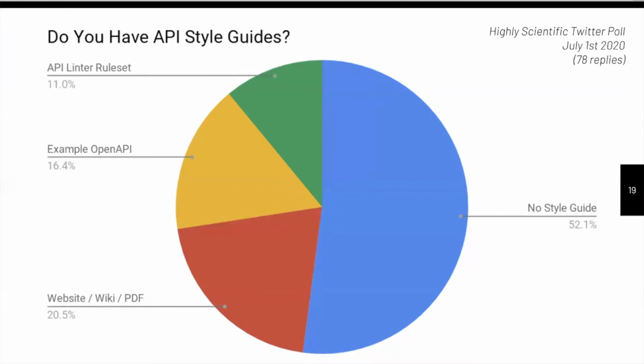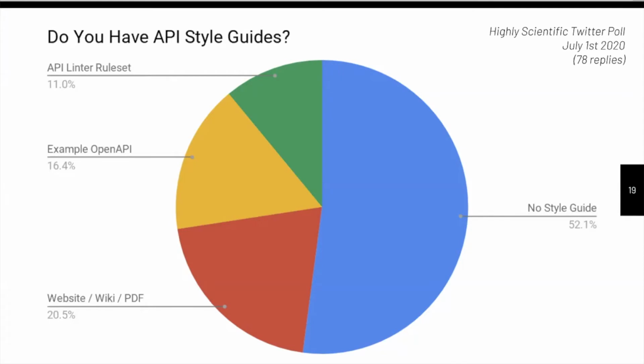A lot of people, 20%, use a website or a wiki or a PDF, something that's human readable, but not possible to interact with. 16% use an example OpenAPI file, right? This is something that Salesforce do, or did a year ago. They just have one example API that covers as many use cases as possible.